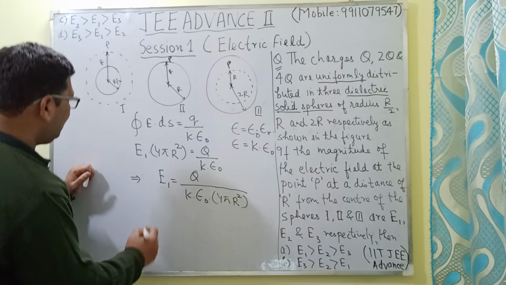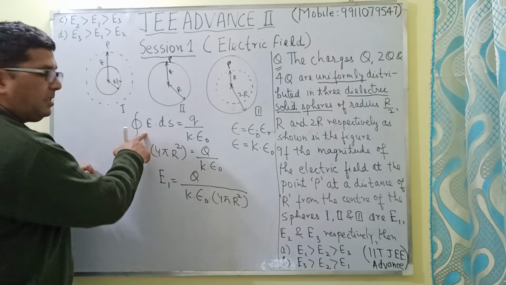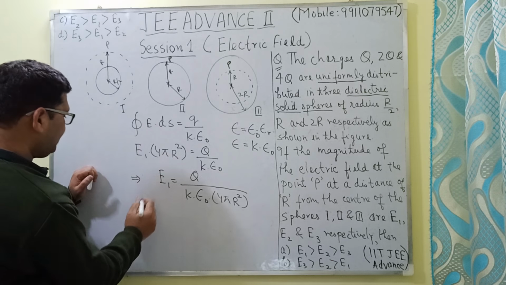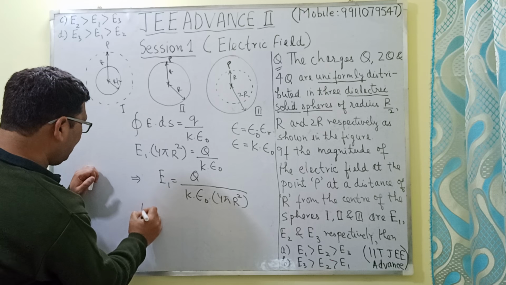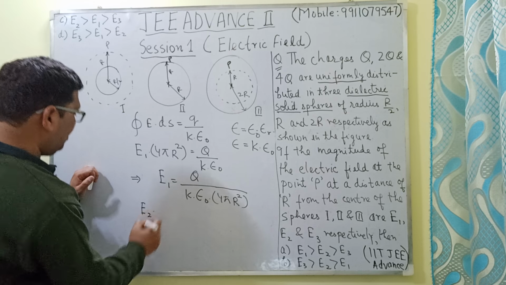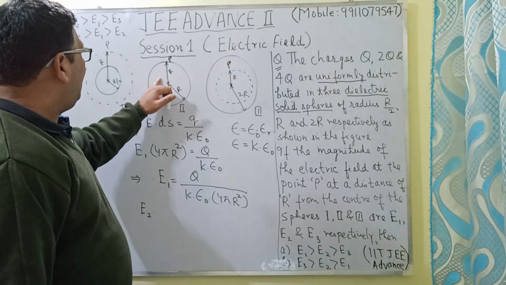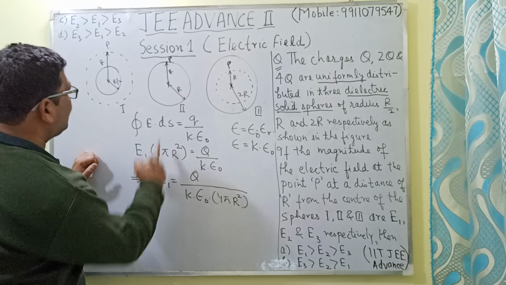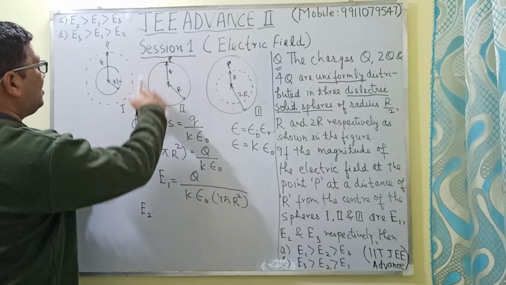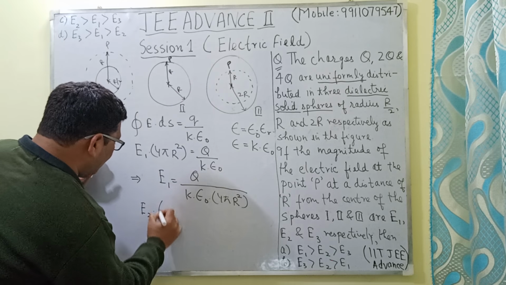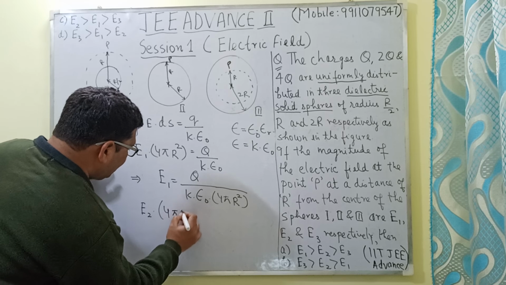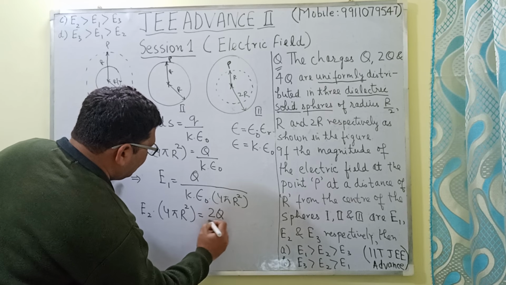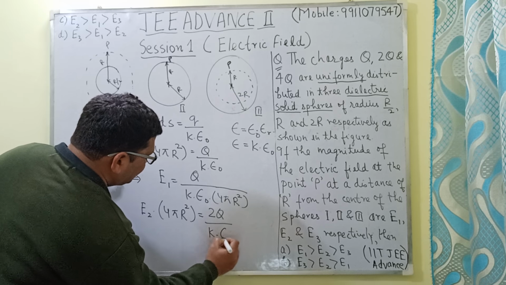For this sphere, I will be using the same formula. E2 is the intensity of the electric field at the point P, and the total surface area of this Gaussian surface will be equal to 4 pi r square, and here the charge is 2q divided by K epsilon naught.